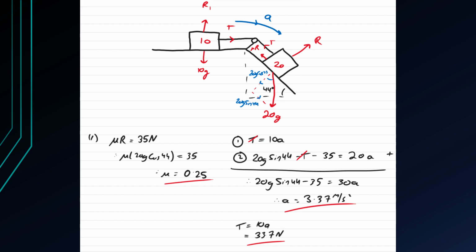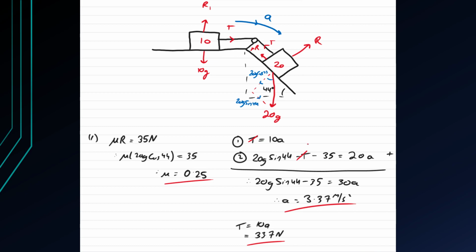So if you actually type this into your calculator, you get about 0.248-ish. So we'll round it to 0.25. However, you don't actually need to put the 0.25 times 20g cos 44 because we know that that friction is amounting to 35 newtons. So we can just include 35 in our resolving equations.